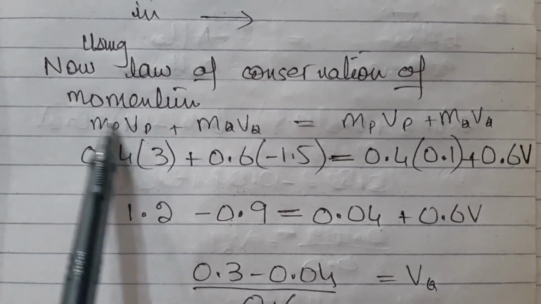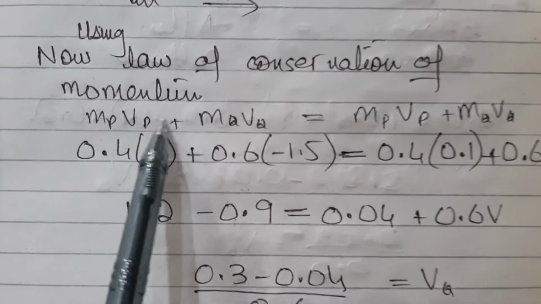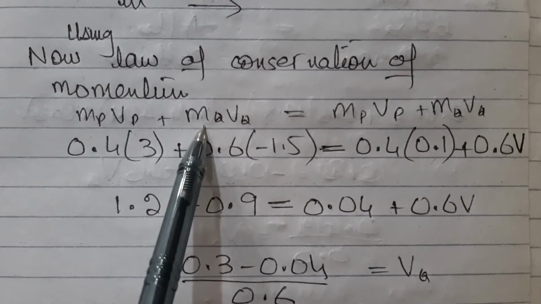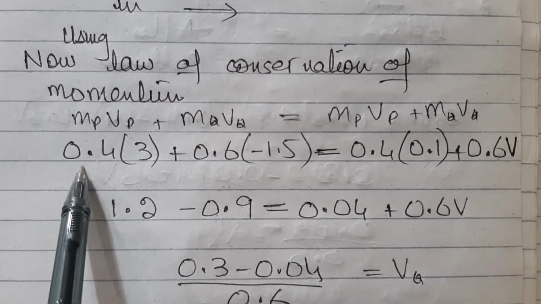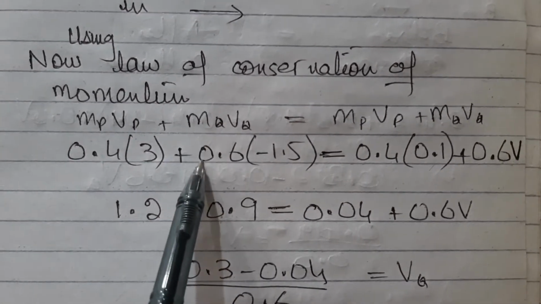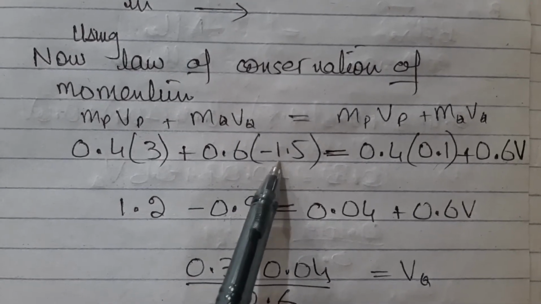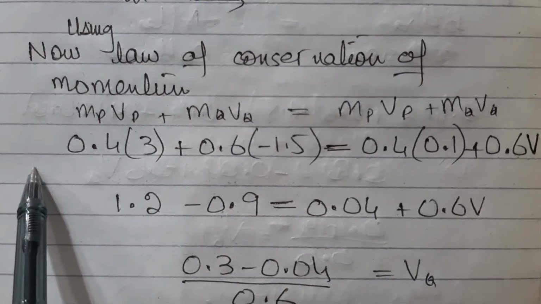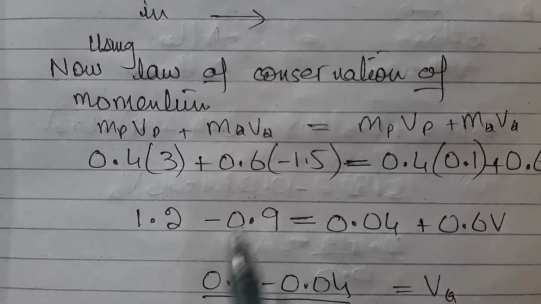So this side is representing before the collision: mass into velocity of P, mass into velocity of Q. I'm just substituting the mass of P, velocity of P, mass of Q, which is 0.6, and velocity of Q, minus 1.5, because it was moving in the left-hand side direction. Opposite direction, we have to take the opposite sign.